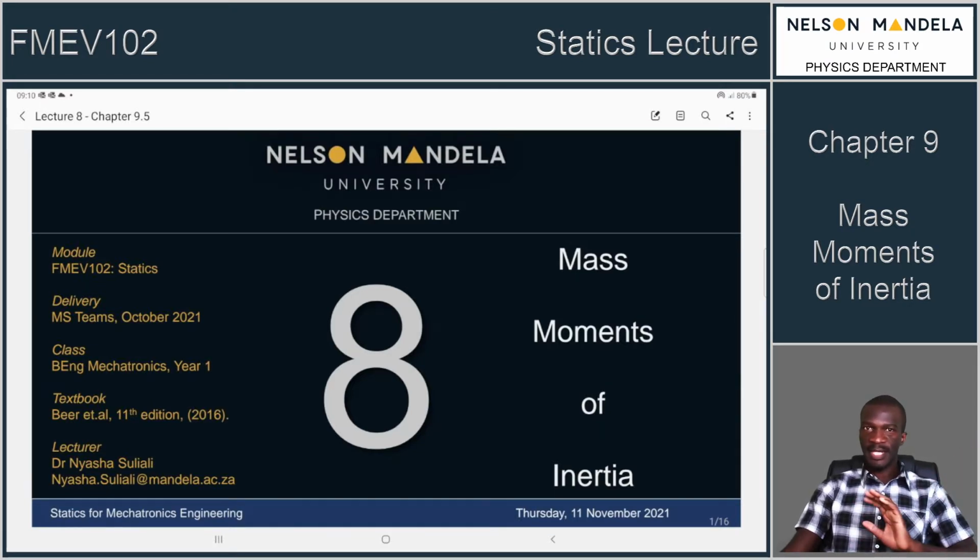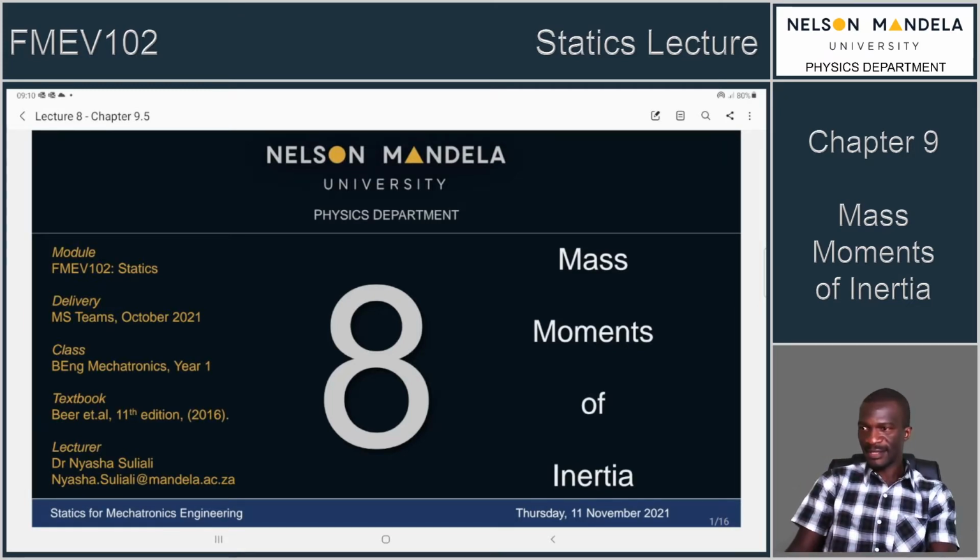So it was just areas, the geometry, centroids, distributed loads in terms of just the areas, right? And then now we are converting back. So we want to come back to the object, and we want to measure its mass and so forth. So this is now a process of backtracking or reinterpreting the moment of inertia in terms of mass.